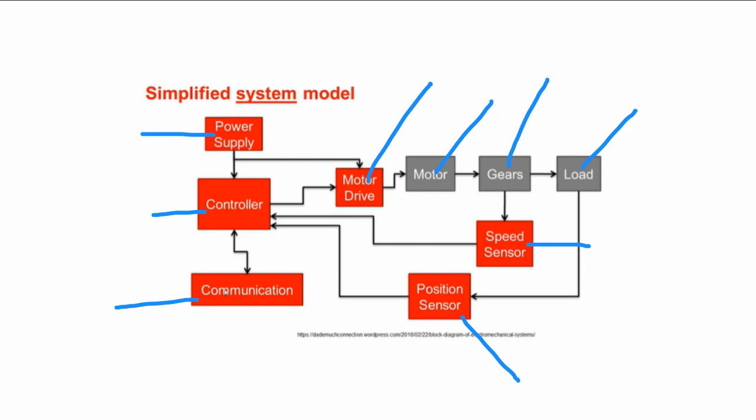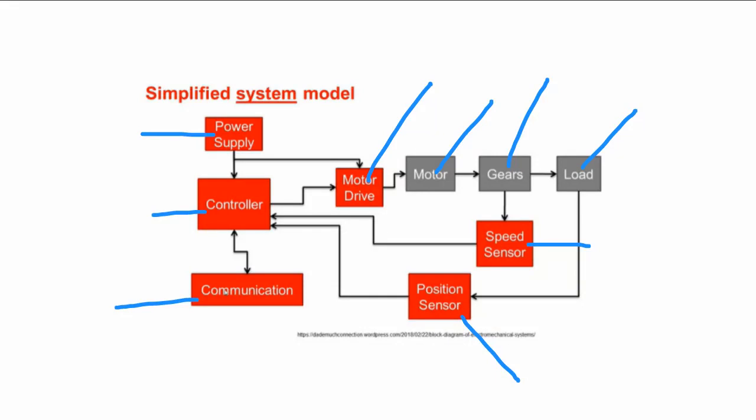You need power supply, microcontroller, and communication, for example serial communication, CAN bus, FlexRay, etc. Also, you need to design a motor drive circuit, like a half bridge, very simple, or a four switch MOSFET with a MOSFET driver, and then we need a position sensor. What's the position sensor? Hall sensor, encoder, resolver, etc.